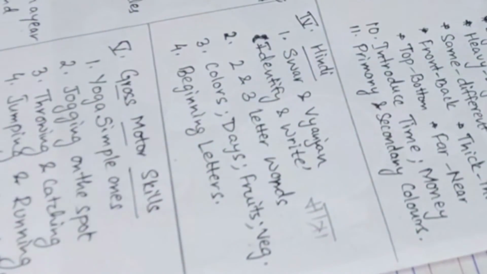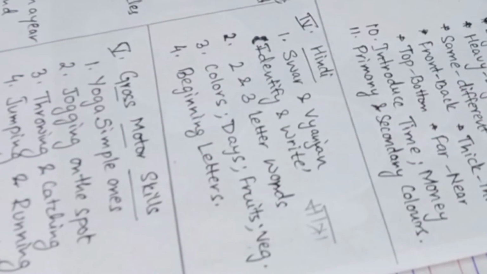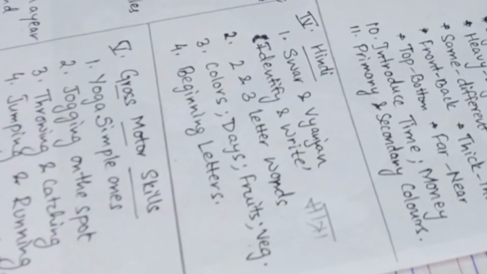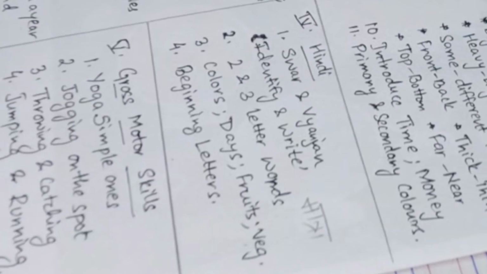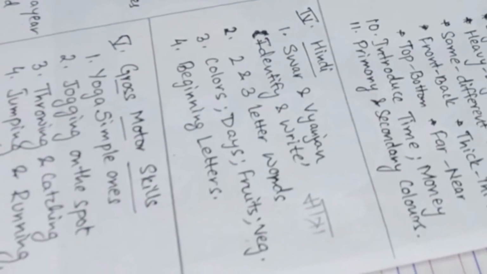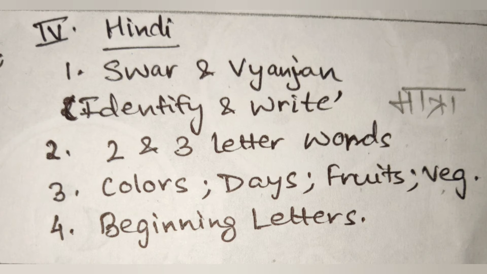So when you are introducing the different swar and vyanjan, at that point of time also tell them the names in Hindi, like aam, mango in English, so aam in Hindi. Like this, colors, days, fruits and vegetables in Hindi, this you also introduce to your kids. This was all about the Hindi section.